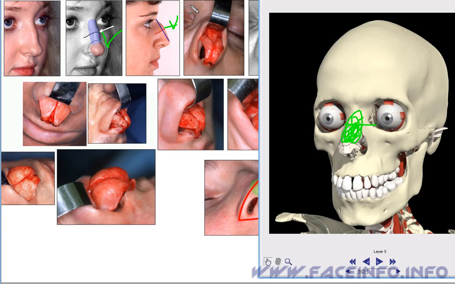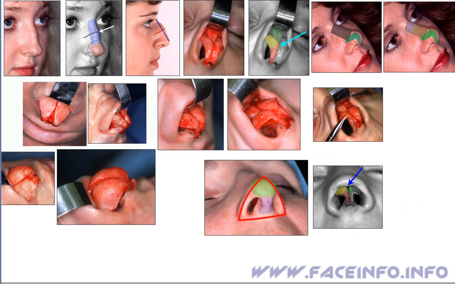If you wish to get rid of your bulge, a plastic surgeon can remove it in the following way. First, the surgeon cuts the skin and removes it to get access to the cartilages.